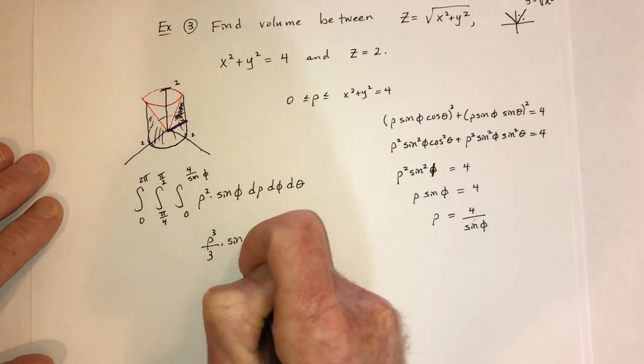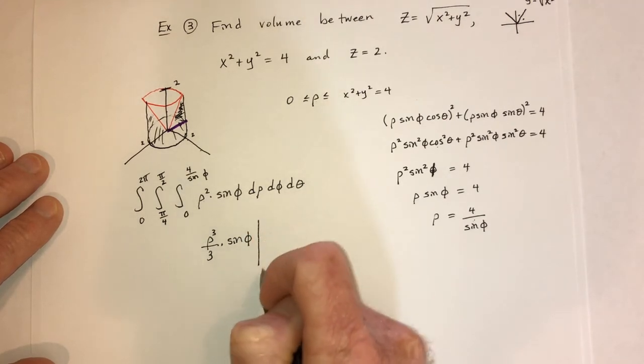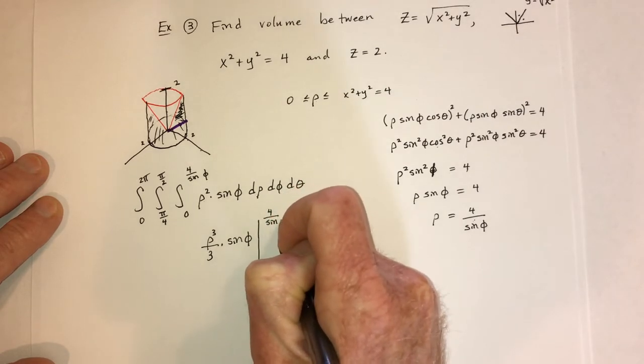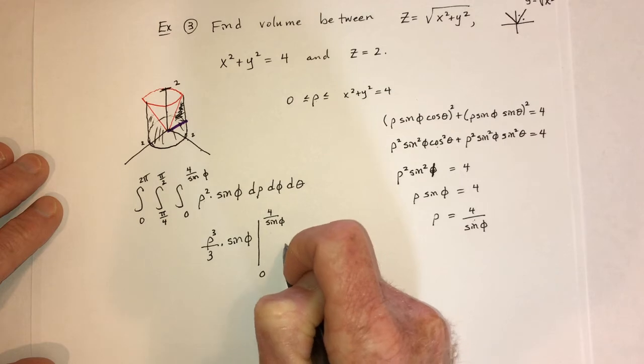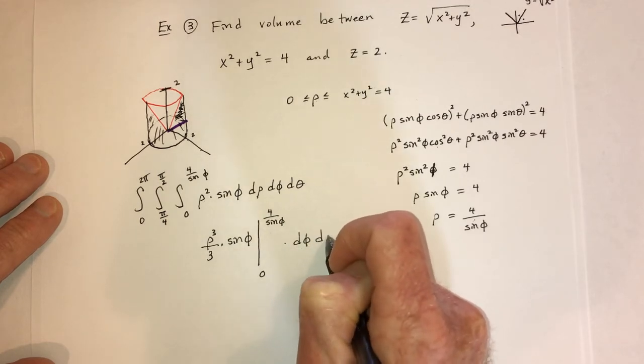And then the sine of phi will just stay there as a constant. And then evaluate from 0 to 4 over sine of phi. And then later we'll have d phi and d theta.